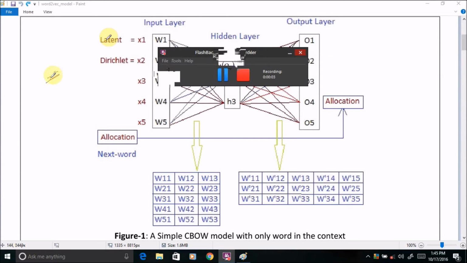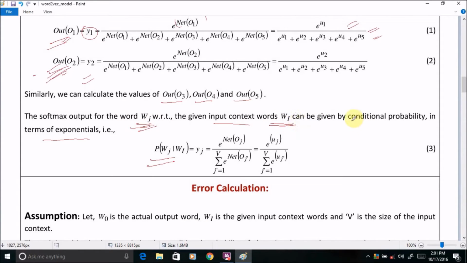So we can generalize this: the softmax output of any word wj with respect to the given input context word wi can be given by the conditional probability in terms of exponentials like this, and represented as variable yj. This is e to the power net oj divided by the summation.